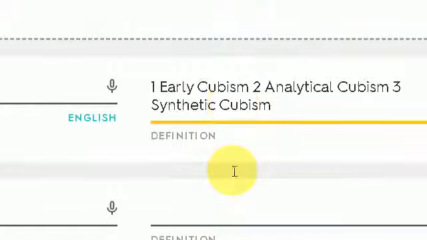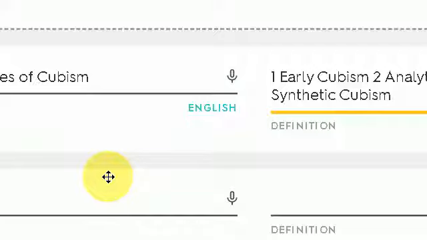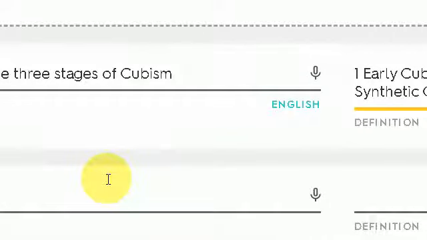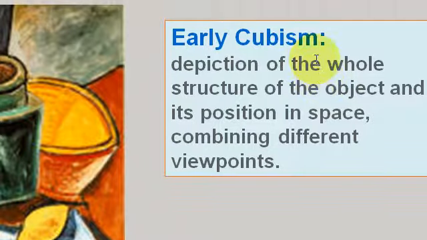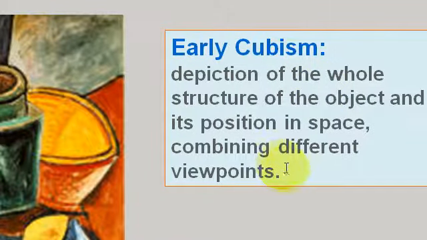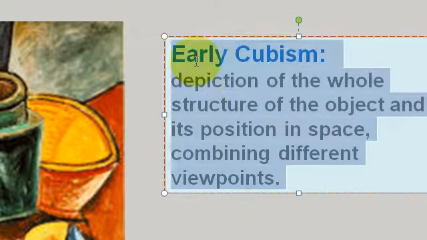And I'll jump back into the slide again to generate some more terms and definitions from that particular PowerPoint slide. And here we have another slide and more definitions. Early Cubism. So I'm going to copy this and use it in my term and definition.